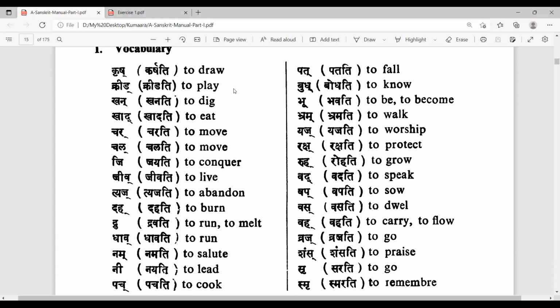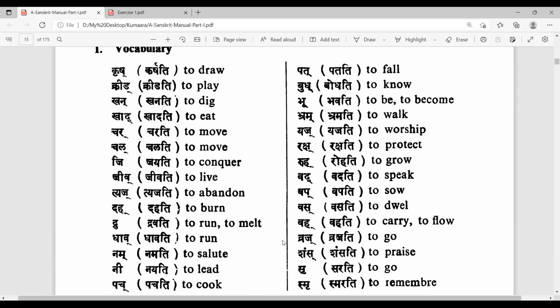Dhatunam arthah. These are the popular meanings. Yes, Sumati, please read. Pat, patati, to fall. Budh, bodhati, to know. Bhu, bhavati, to be or to become. Bhram, bhramati, to walk. Yaj, yajati, to worship. Raksh, rakshati, to protect. Ruh, rohati, to grow.